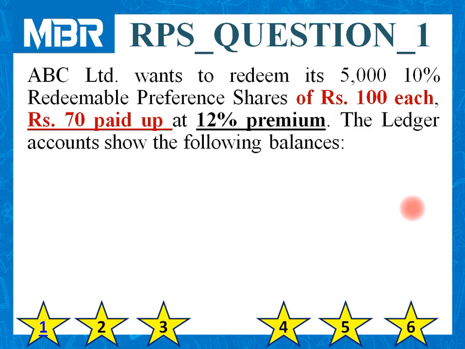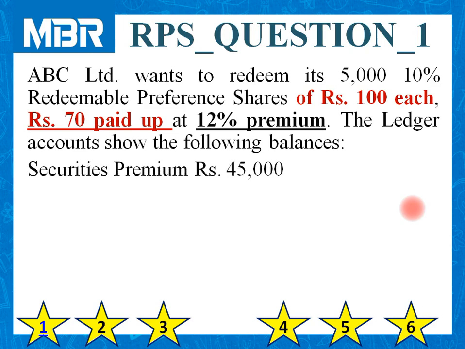Of rupees 100 each, rupees 70 paid up. From this line, we can understand that these shares are partly paid shares, because the face value of the share is rupees 100 and paid up capital per share is rupees 70, at 12% premium.